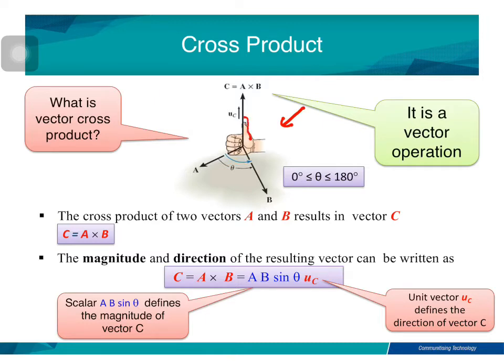You can see this is our thumb, and this curl represents the vector A cross B. So this curl is the vector A, going to B. This thumb represents the perpendicular axis of A cross B. So for A cross B, we get the direction from our thumb, because the thumb shows the direction perpendicular to the plane of A and B.